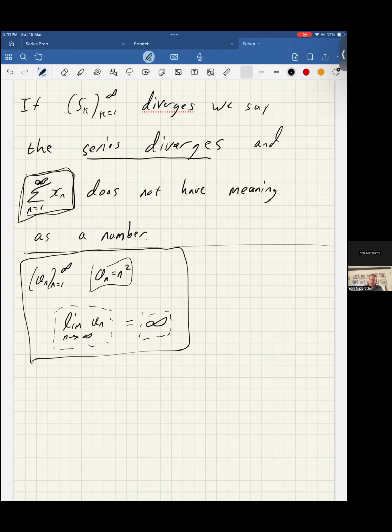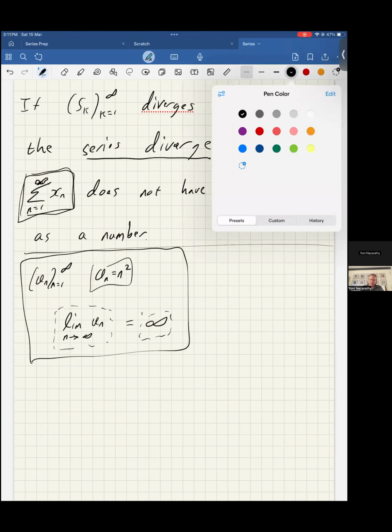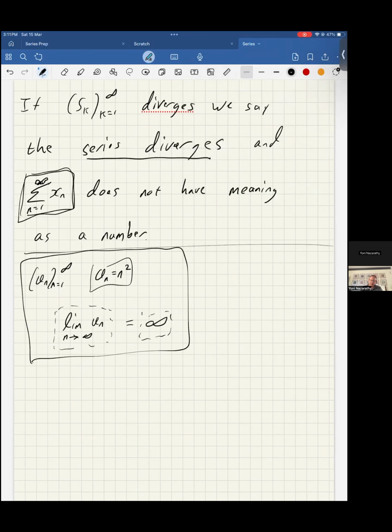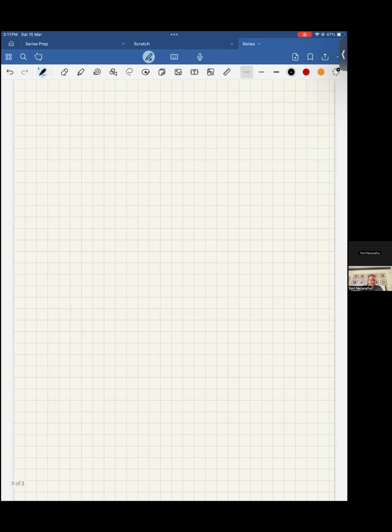Okay, so a series, just like a sequence, either converges or diverges. A series, which is a special case of a sequence, also converges or diverges.